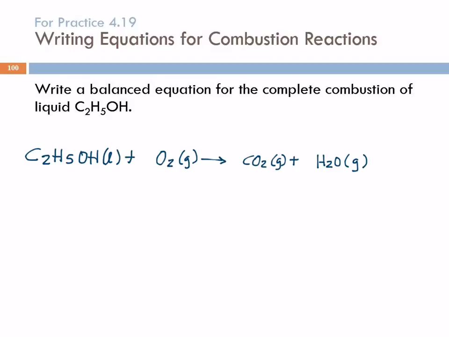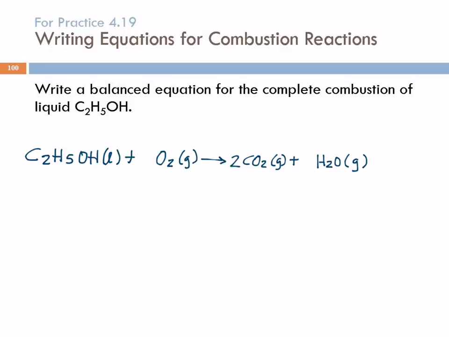Okay, so what do we need to do now? We need to balance it. Let's just do this by inspection. I am seeing that oxygen is all by itself. That tells me I probably should leave that one for the end. I've got 2 carbons on the left side and only 1 on the right, so I can fix that by putting a 2 in front of the CO2.